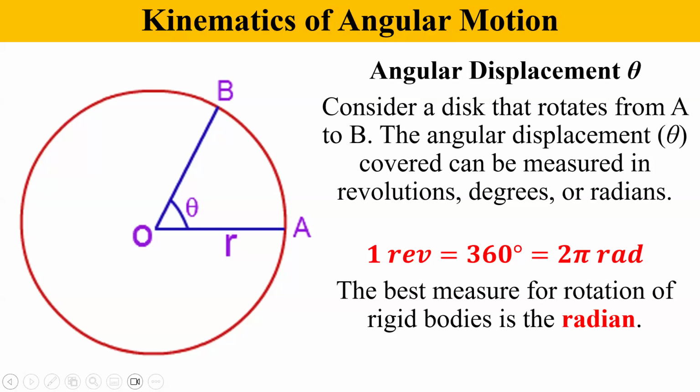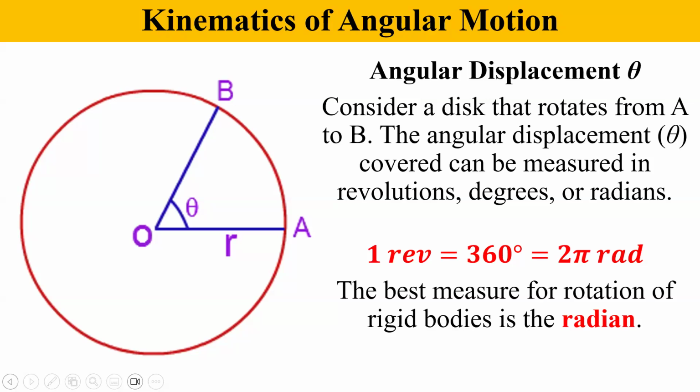So you consider this that rotates from A to B. The angular displacement, right? If you look at the angle between the two radiuses, you see it maps out a point. Where's my marker?